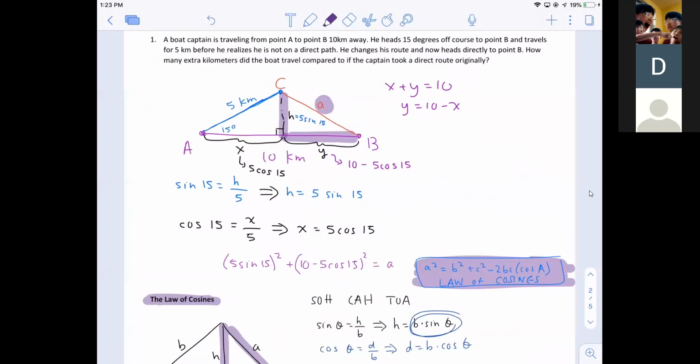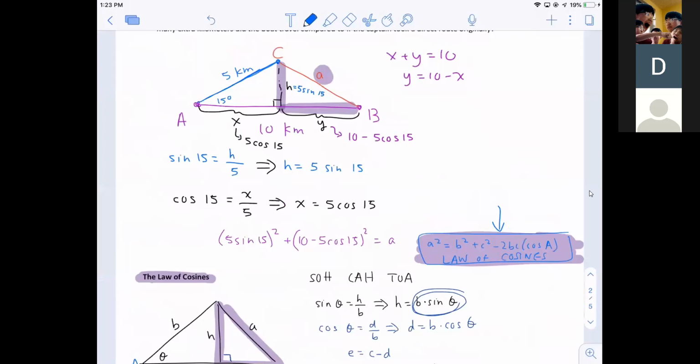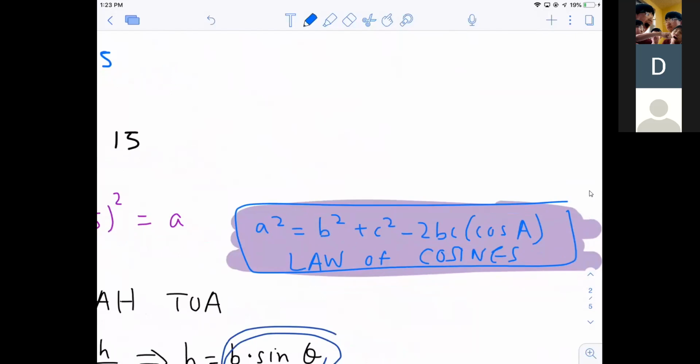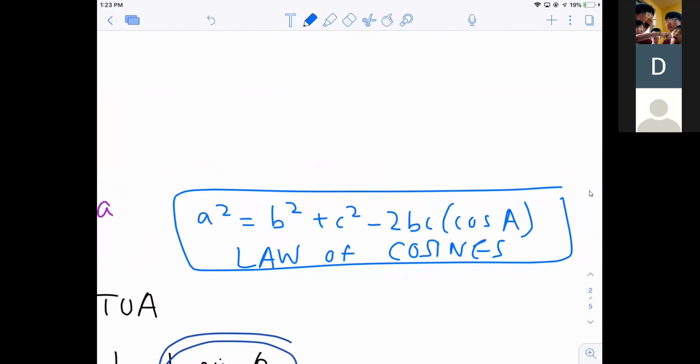So if you go back to the boat captain problem, we could solve for A using this equation in one step, rather than having to do all of that. All right. So this works for any side, for any angle in a triangle. If you don't have enough information to do law of sines, you can probably do law of cosines.